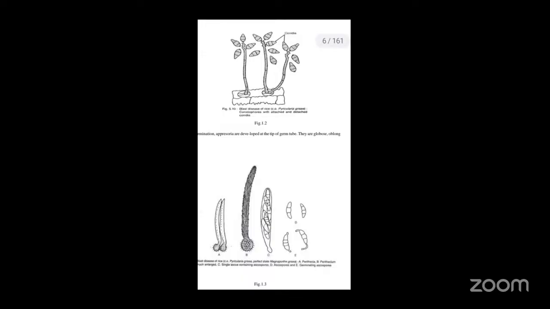A single disease lesion can spread two or three days after infection, and continues to produce spores for around 25 to 30 days. Rice blast lesions can be devastating for susceptible rice crops. This is our life cycle.